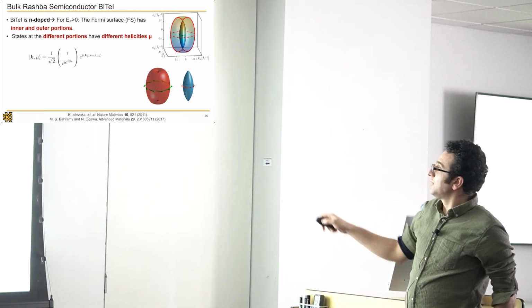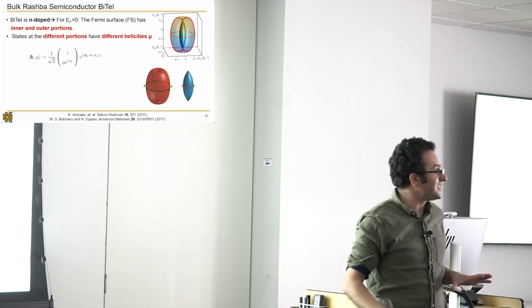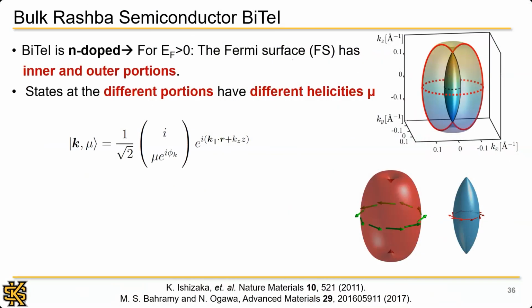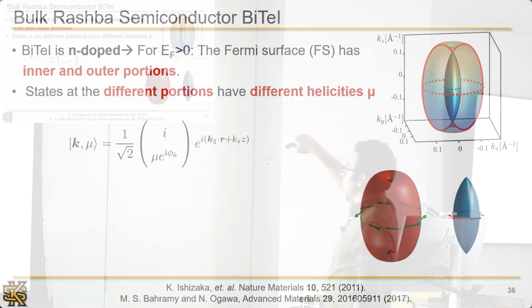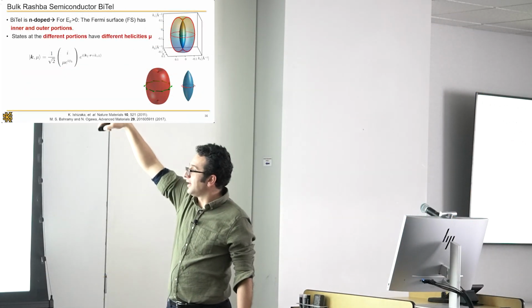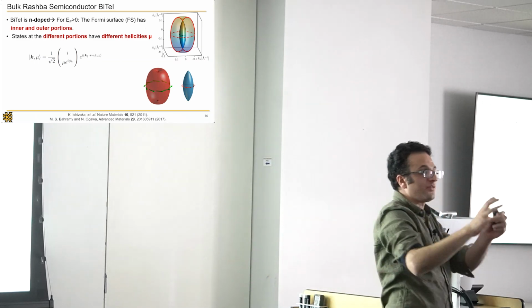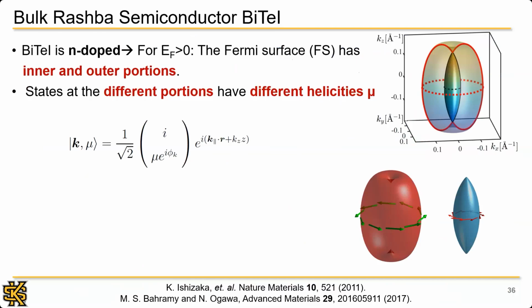The inner portion and the outer portion are characterized by their helicity. So the inner portion has, let's call them, left helical electrons, and the outer one has right helical electrons. So they are electrons with different helicities that exist in the different portions of your Fermi surface.